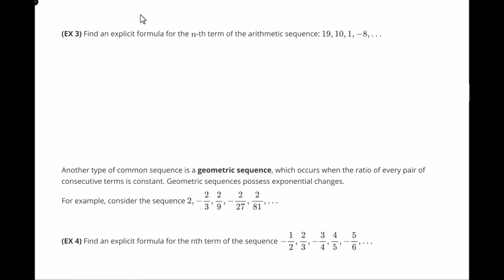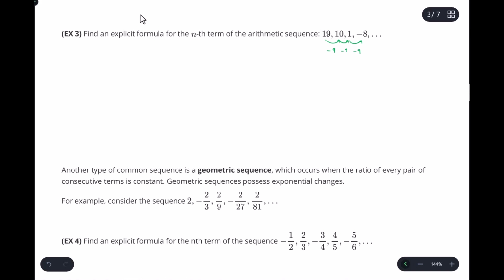So let's find an explicit formula for the nth term of this arithmetic sequence. We have 19, 10, 1, negative 8. What I notice here is that going from the first to the second term, the value decreases by 9. The same is true going to the next, and so on.